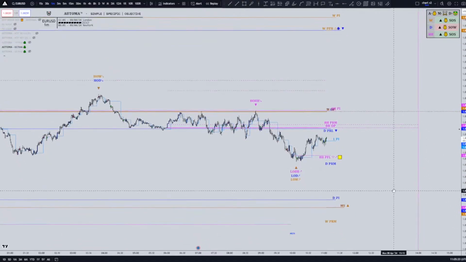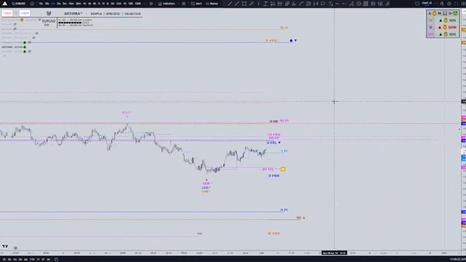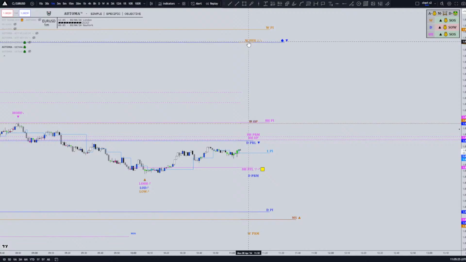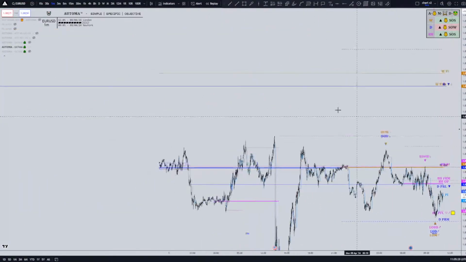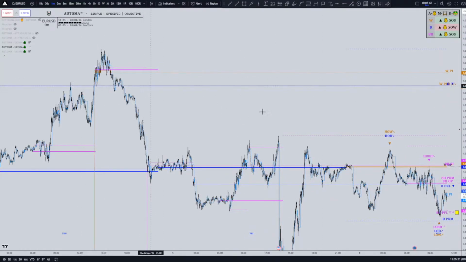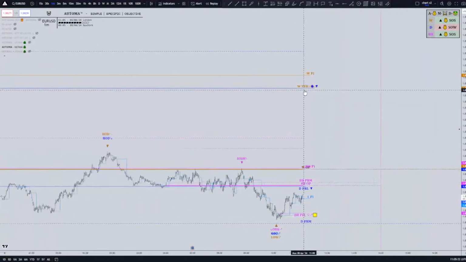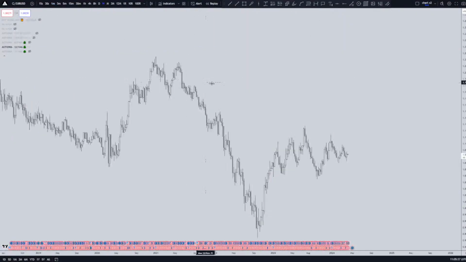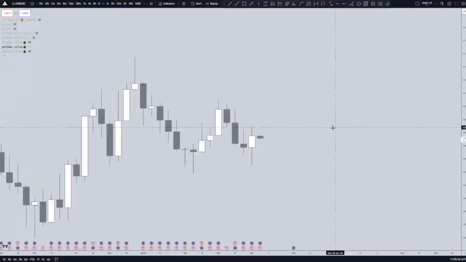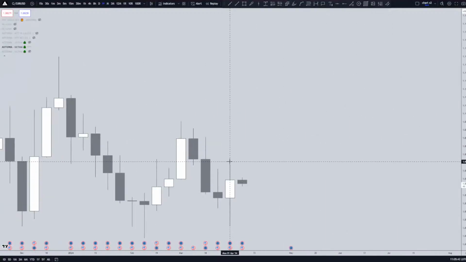If we have a look at any peak formations, look, this weekly peak formation high says that the weekly peak formation high was trend continuation. So let's check. That means the previous week, yeah, correct.